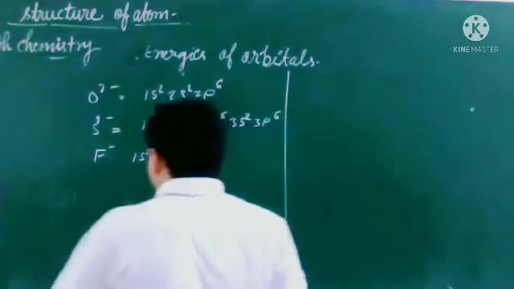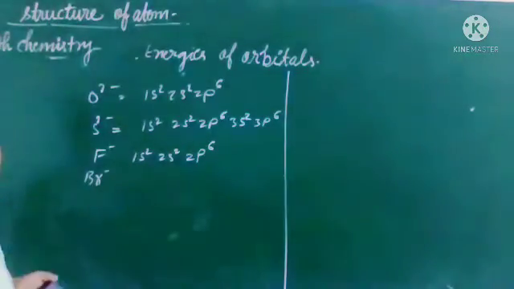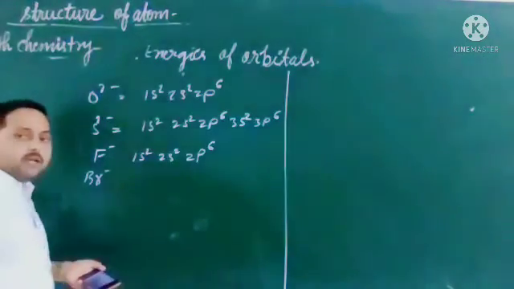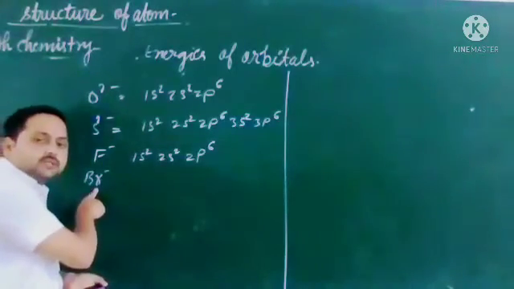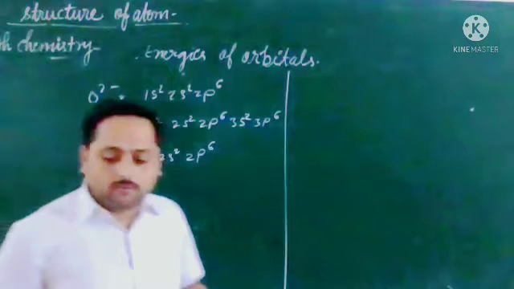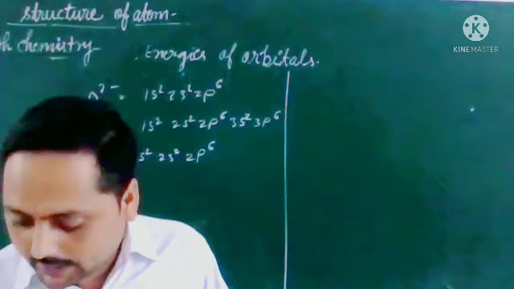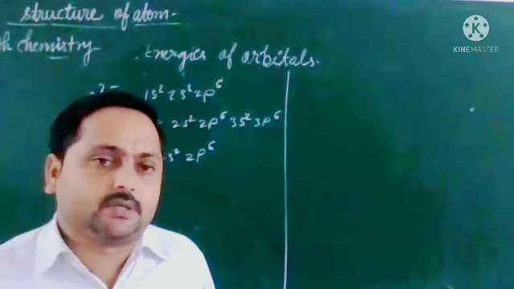So cation and anion. One was Br minus, and else I gave Br minus also. So by following the chart you can write the electronic configuration of this. What you wrote was 4s2 with 3d10 and 4s2, and after that you can write 4p6.